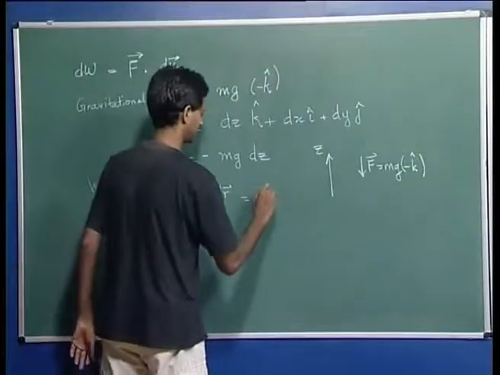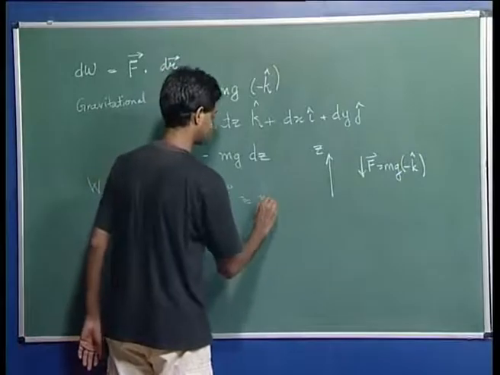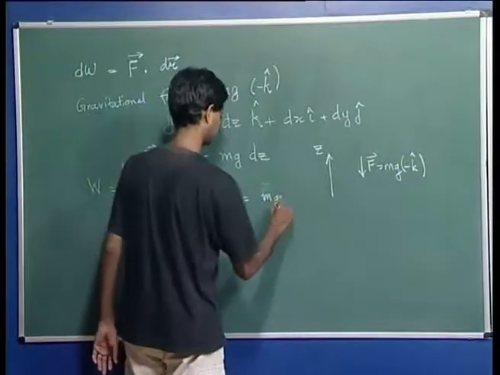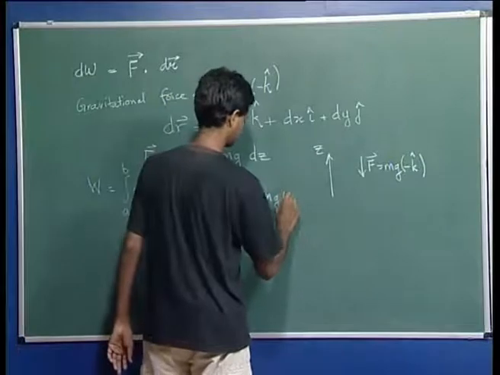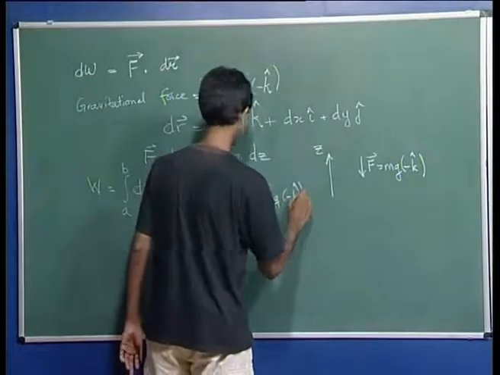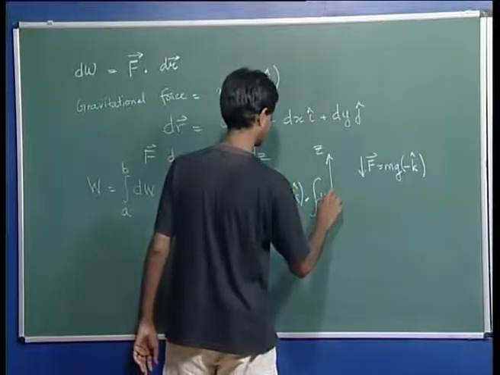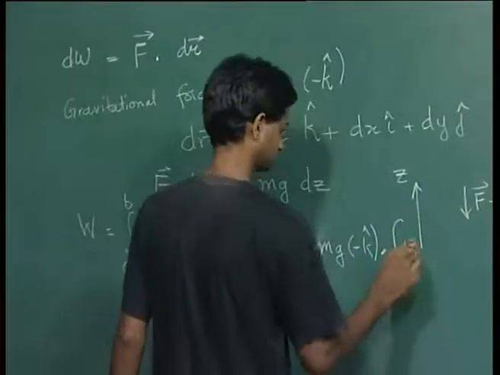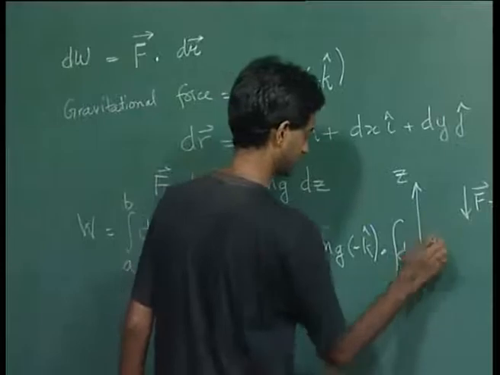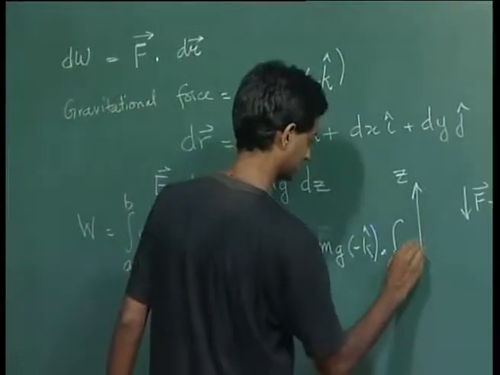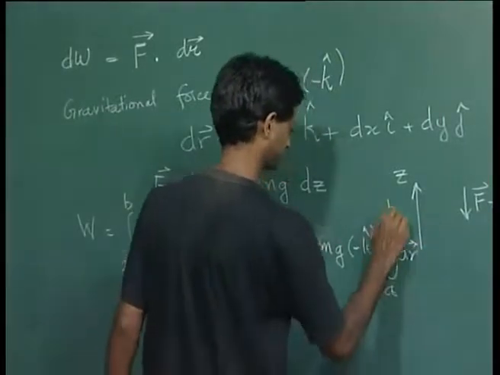F is just mg times minus k hat, dotted into the integral of dr from A to B.